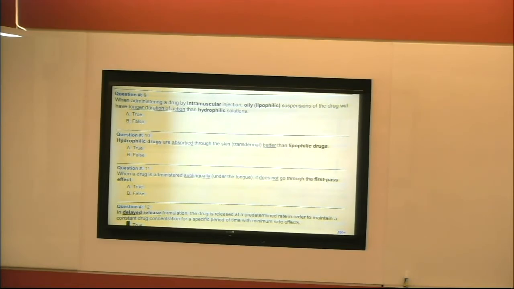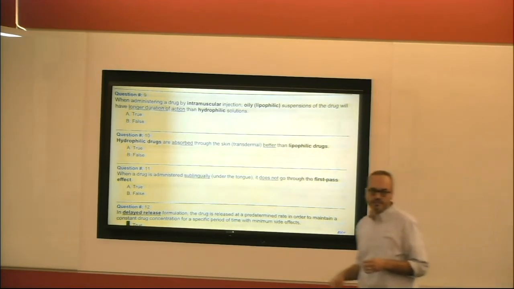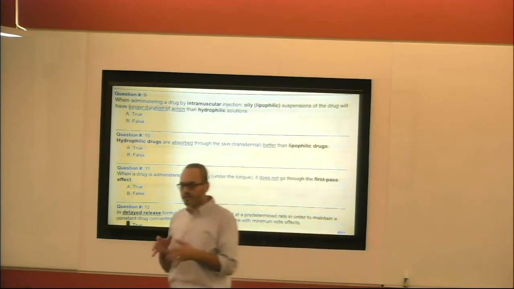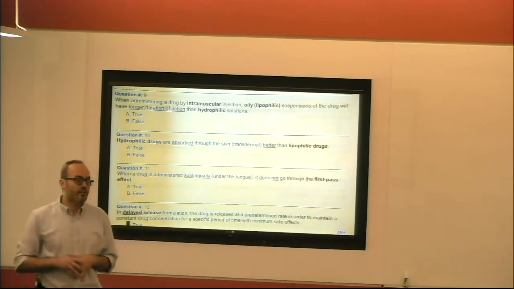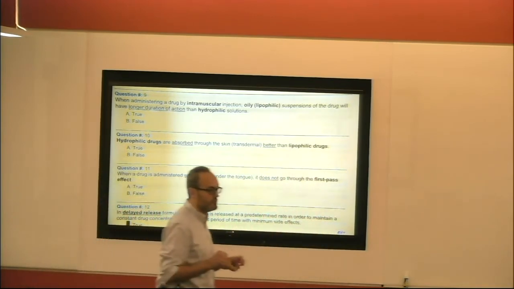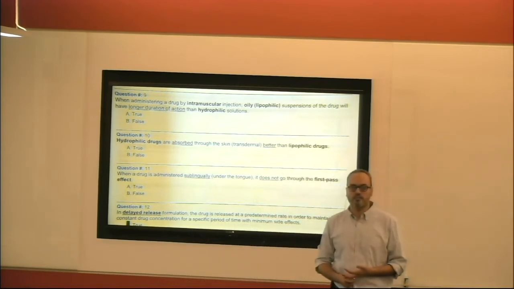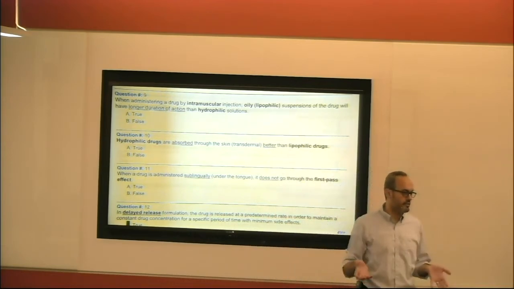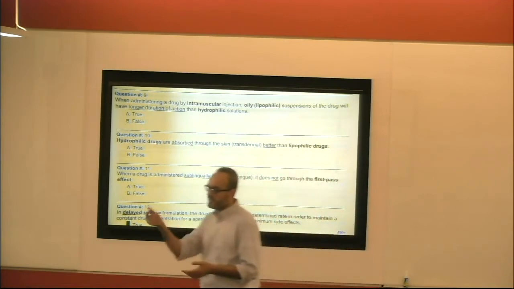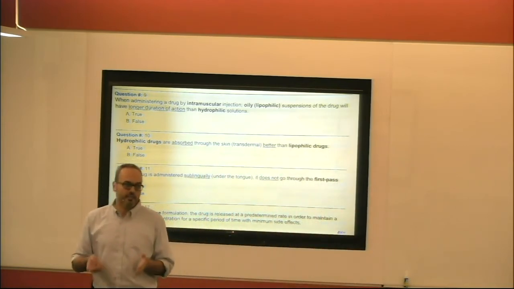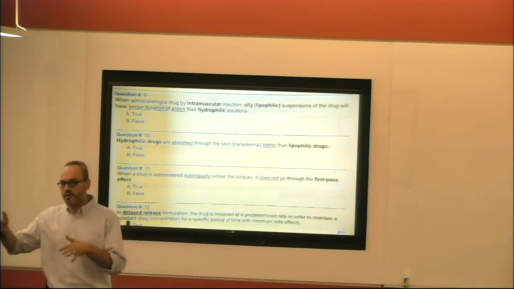So her question is, when you give an intramuscular injection, is the goal to keep the drug localized and working only locally? The answer is, it depends what you really want to do. Normally, you give the intramuscular injection and the drug goes all over the body, whether it's hydrophilic and absorbed fast, or lipophilic and released over a month or 3 months.